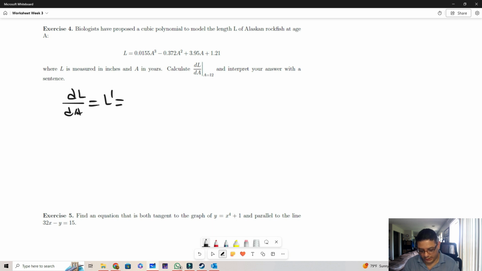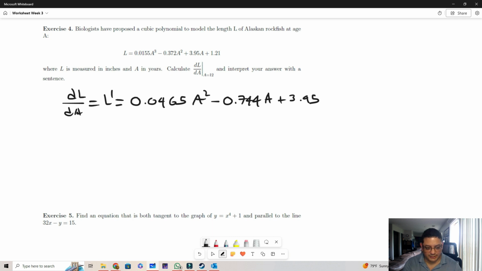So this is 3 times 0.0155, which is going to be 0.0465 A squared, and then minus, and then we're going to multiply this number by 2. 0.372 times 2 is going to be 0.744 A, and then plus 3.95, and that's it. And this is the derivative of this.